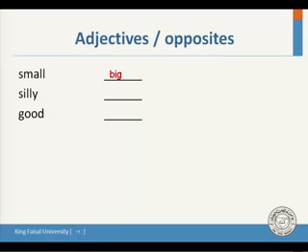This apartment is big. Silly. What's the opposite of silly? Smart. Smart is the opposite of silly. Francisco's father is smart. He is not silly. Good. The opposite of good is bad. Bad.